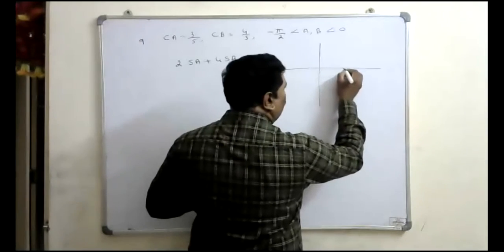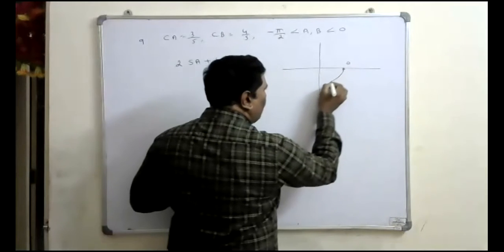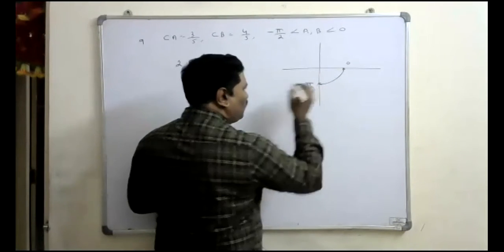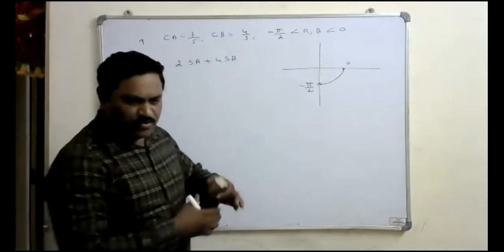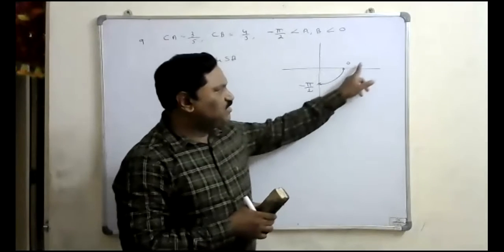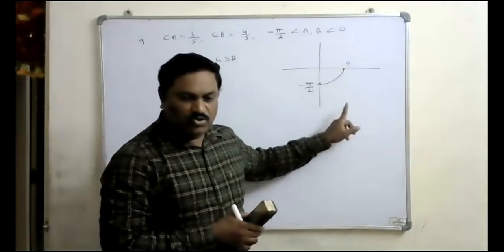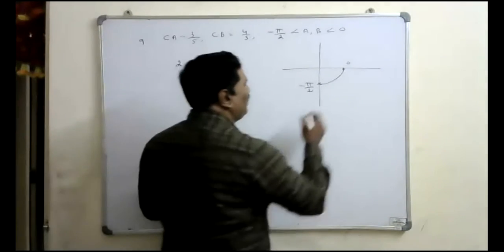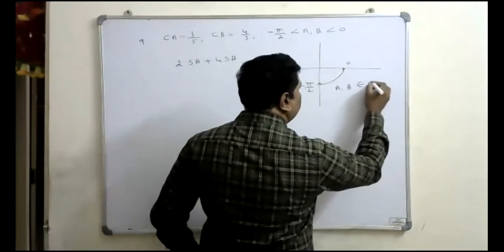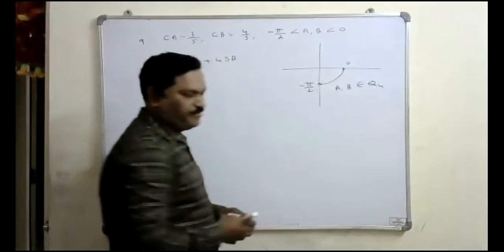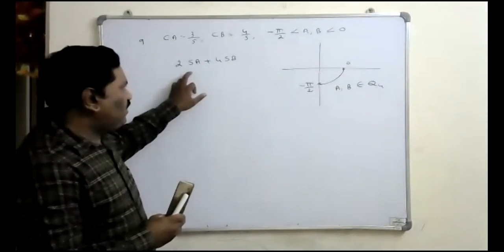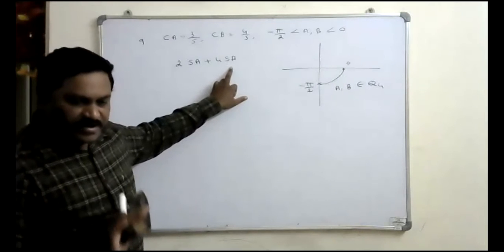So this is minus pi by 2, that is minus 90 degrees, up to the negative y-axis. So minus pi by 2 to 0 means the fourth quadrant. Indirectly they have given that angle A and angle B both lie in the fourth quadrant. So in the fourth quadrant, sin A and sin B both are negative.